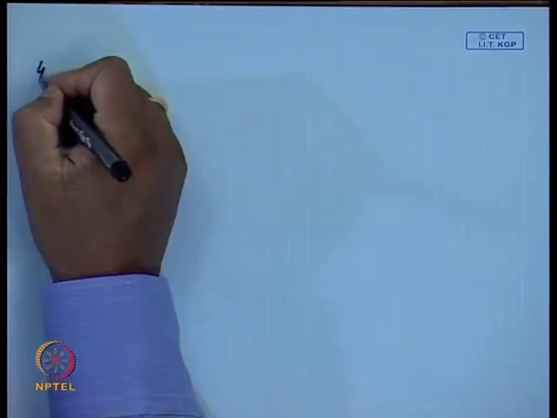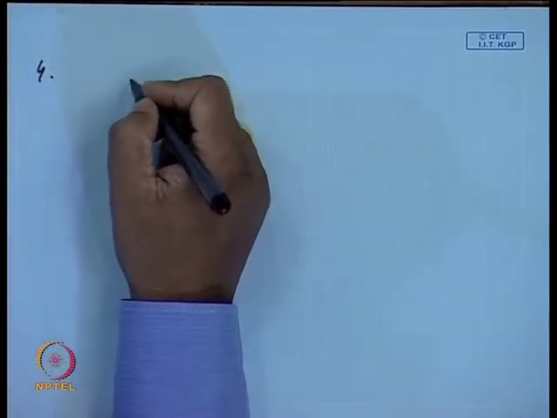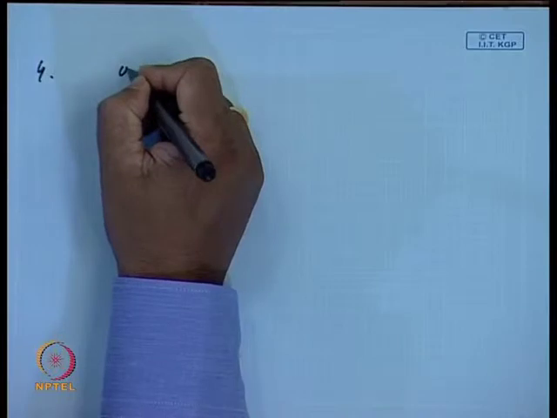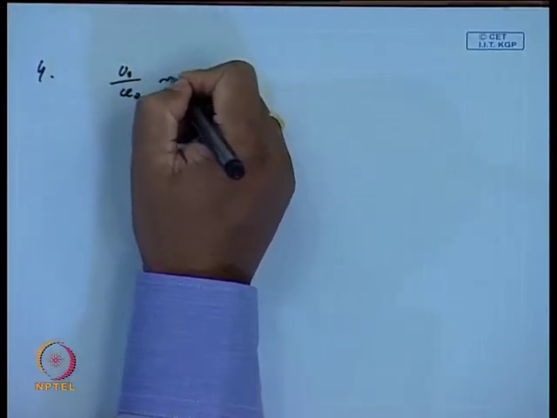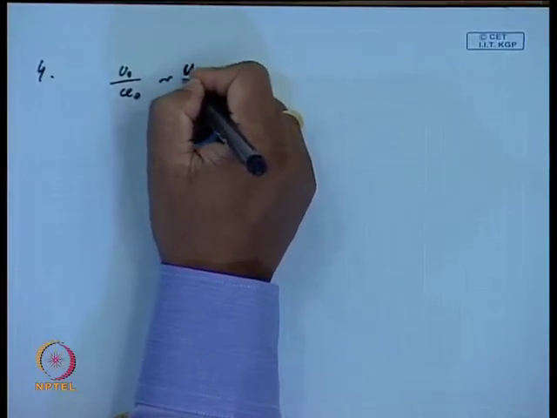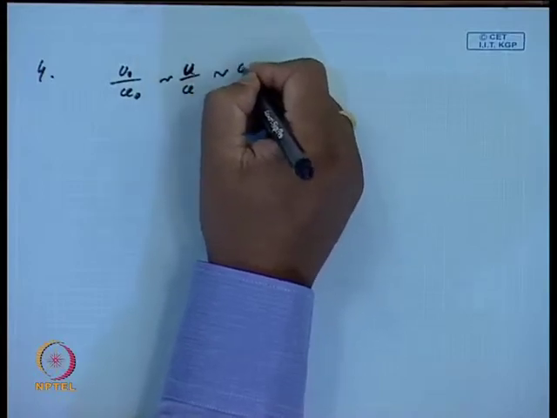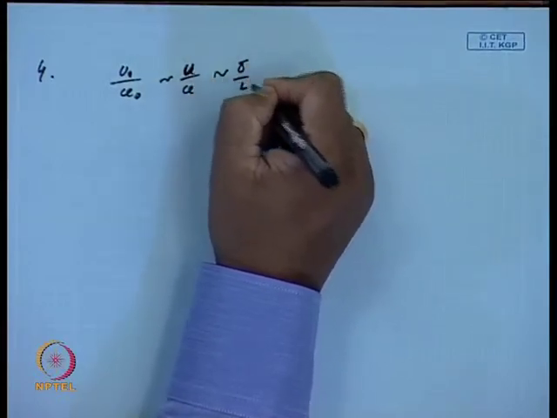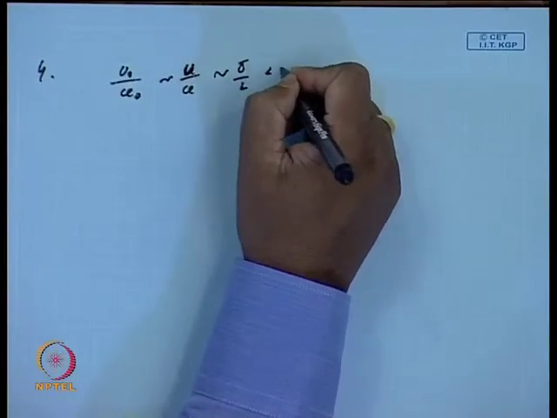Again we can see, because this boundary layer is the fourth point, I will come to that. We can easily see that if you look at V naught by u naught, it is of the same order as V by u. V is of the order delta, u is of order L, and delta by L is much less than 1, we have seen.